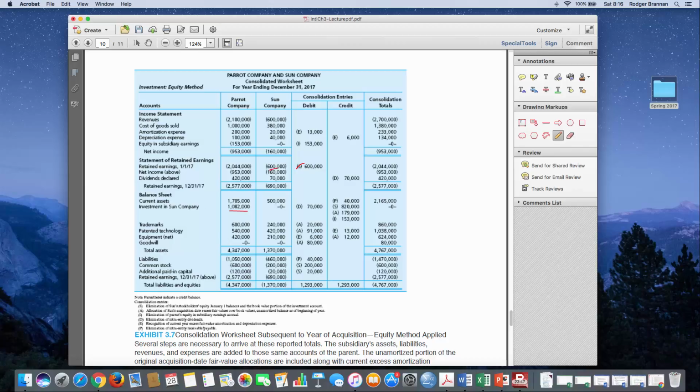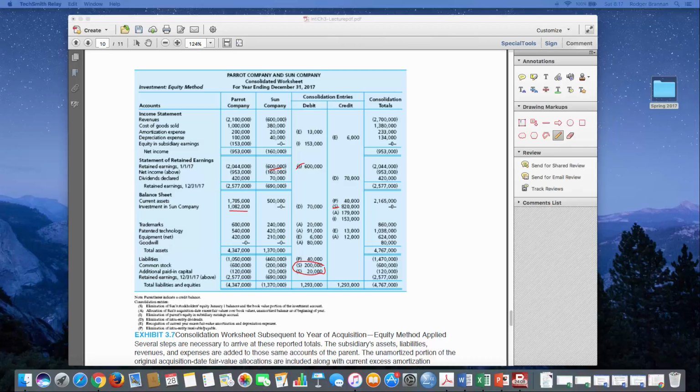From what they tell you here, the beginning retained earnings of Sun was $600,000, and the total common stock and paid in excess has not changed. So the sum of those two would be this adjustment of $820,000. That's the first layer that we're going to peel off of the investment account.